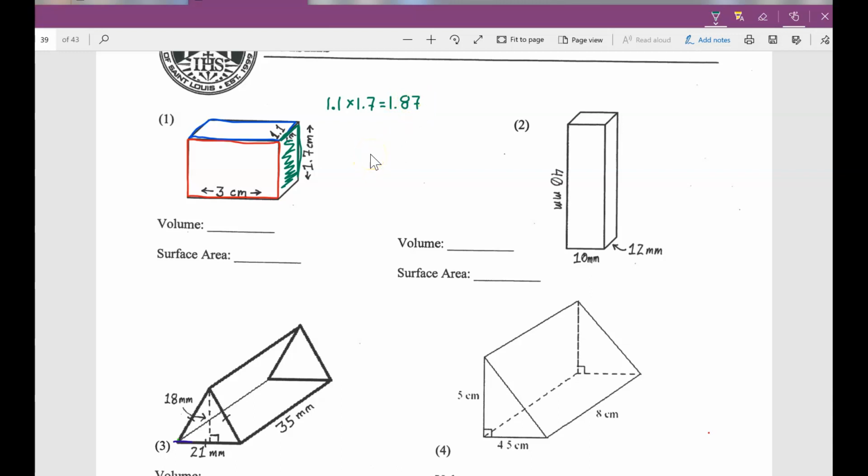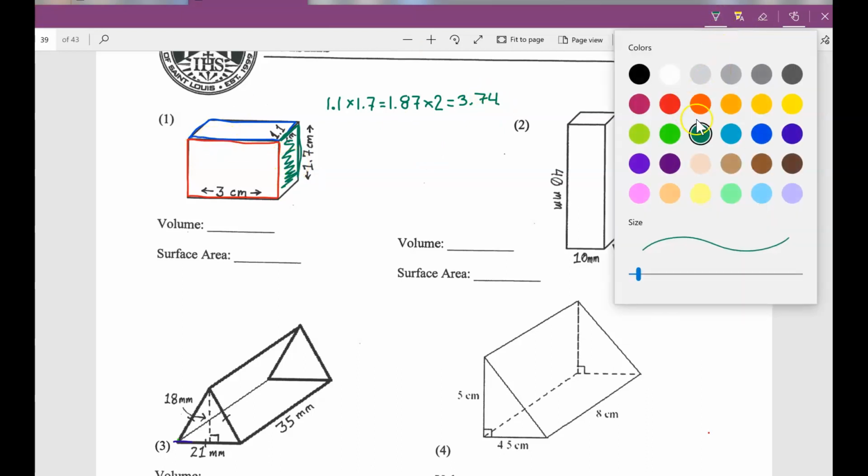But remember, that's only the area of this right-hand rectangle. There's also a left-hand face that is identical. So we have to multiply by 2 to include the left-hand face. 1.87 multiplied by 2 is 3.74. So that takes care of our right and left.